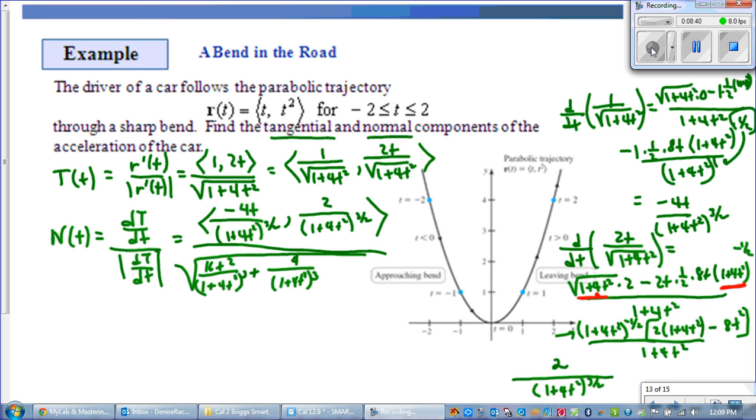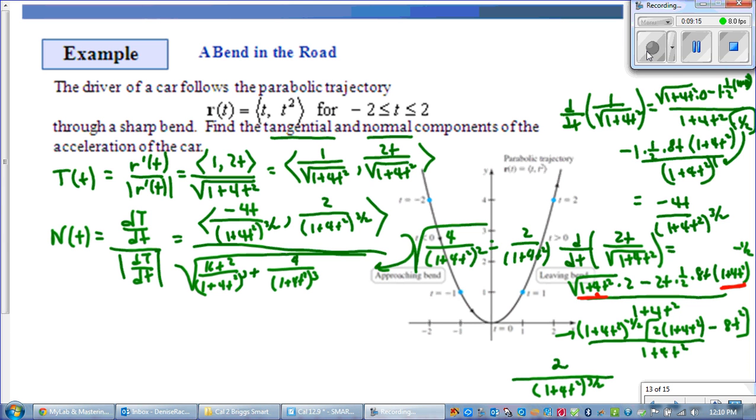If I took a 4 out of that, I'll have 4 times (4t squared plus 1), which then I can simplify in the denominator. So this whole denominator becomes 4 over 1 plus 4t squared squared. Now that's under the radical though. So that actually will be just 2 over 1 plus 4t squared.